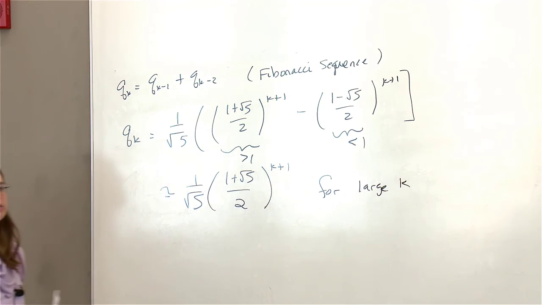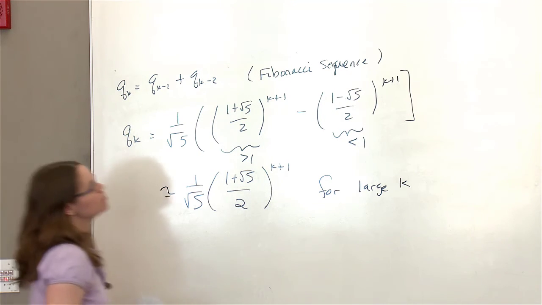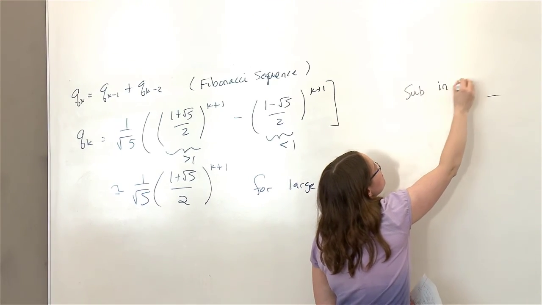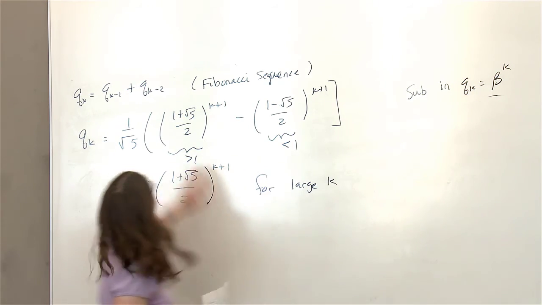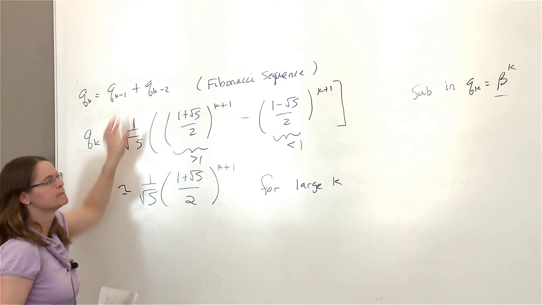Where did I get this q_k? Here, this was by substituting in q_k equals beta to the k, subbing it into the recurrence relation and solving for beta, just like we did last class.